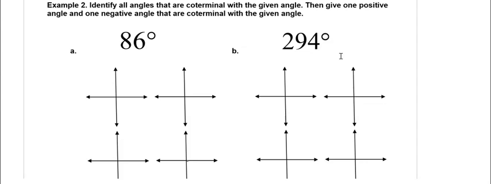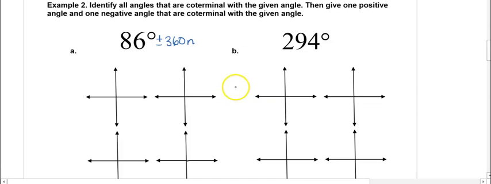So to find all angles that are coterminal with it, as I said in the last example, you just do plus or minus 360n. That's all you do, plus or minus 360n.